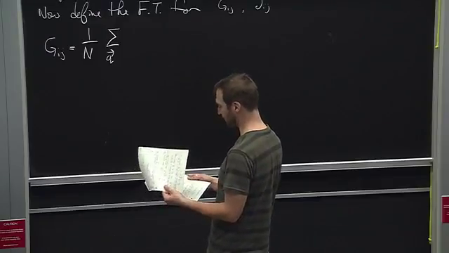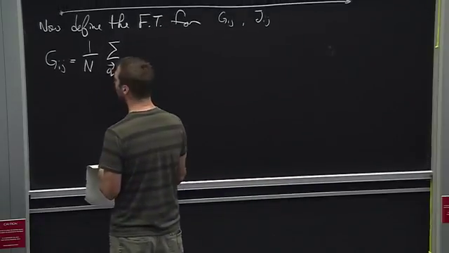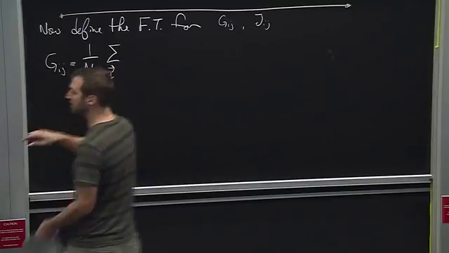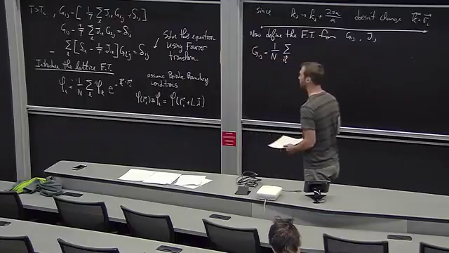Otherwise, I'll forget farther down. So Q is just K here. I need to define this G in Q space, which is the object that I'm actually going to solve for.